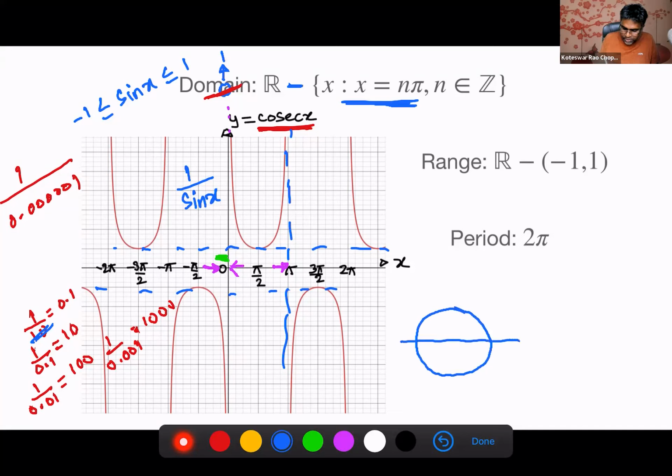Yeah. So now we'll go slowly, guys, because initially this is a hard idea. Let me put that unit circle here again. Now, what am I saying? If you are very close to 0 on the positive side, your sine value will be positive, but it will be very, very small. And if you are on the other side, it will be negative.